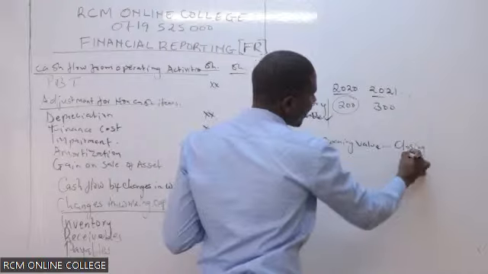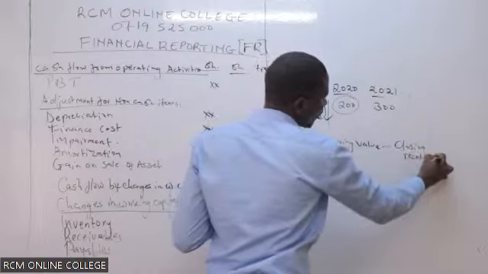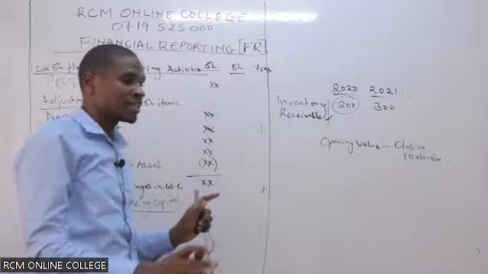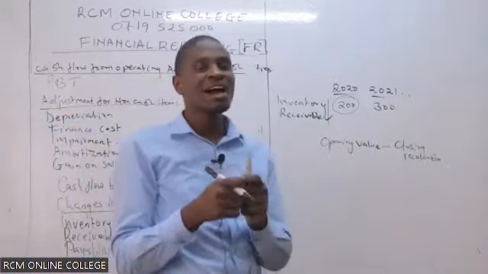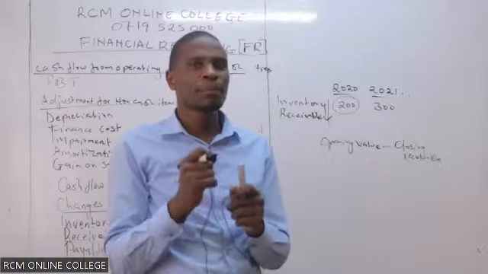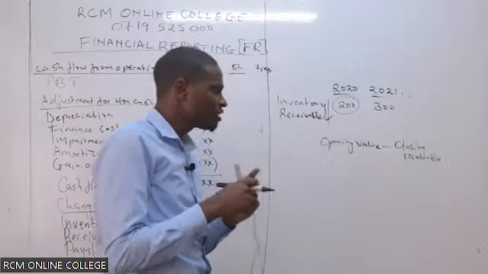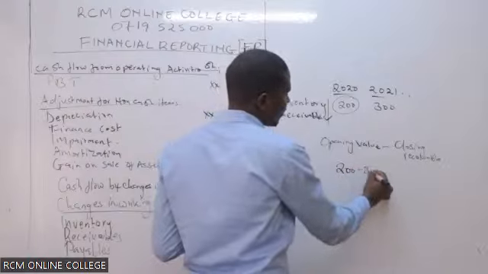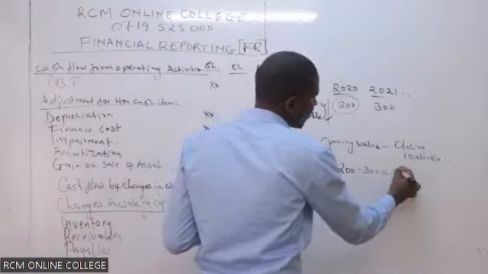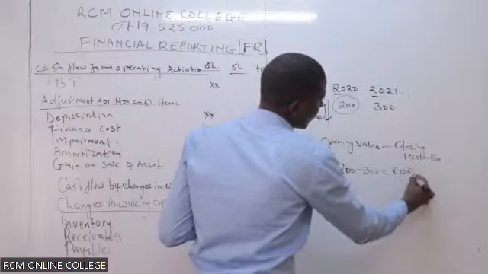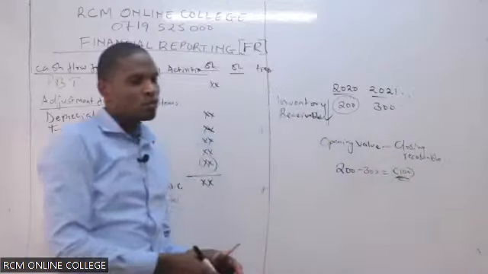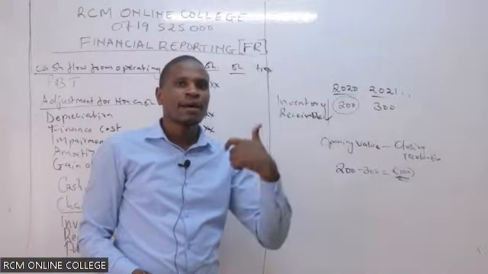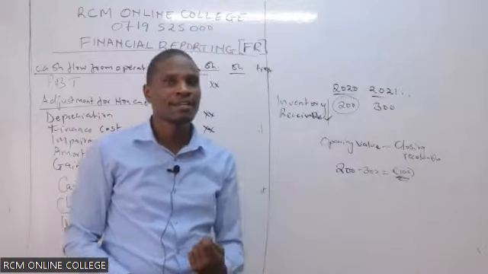Whatever you get is your value to record. If you get a negative, you record it as a negative, showing that it is an outflow. If you get a positive, it is an inflow. So in our case, we have 200 minus 300, which gives minus 100. That means an outflow of cash of 100. That means they purchased inventory worth 100.